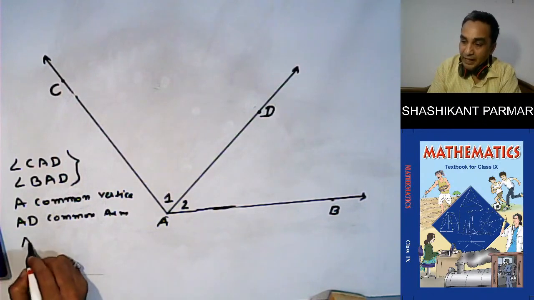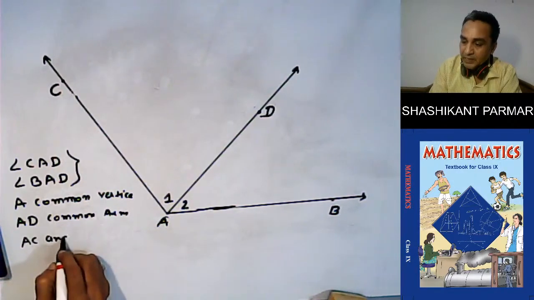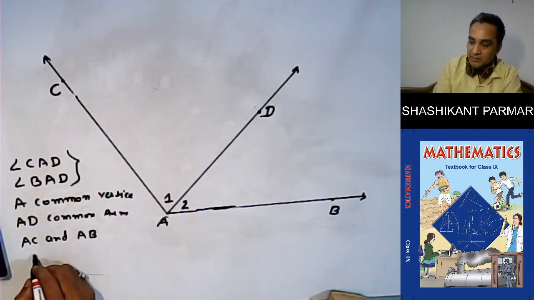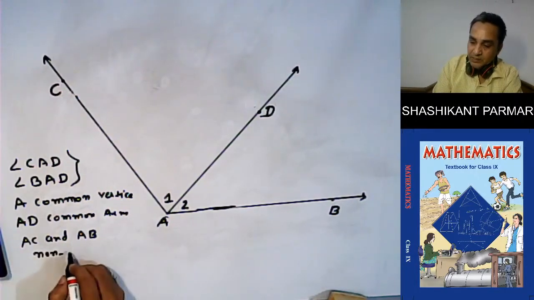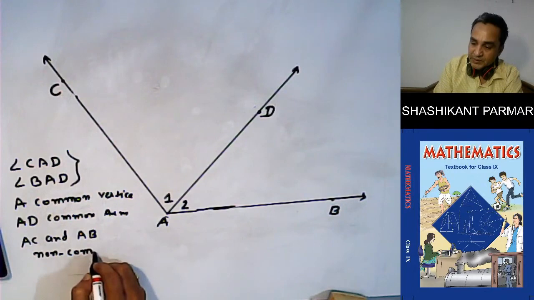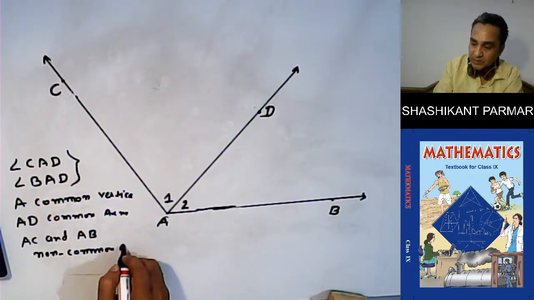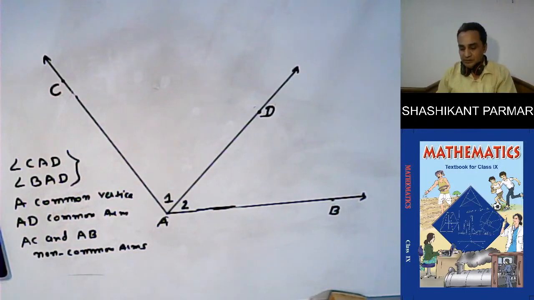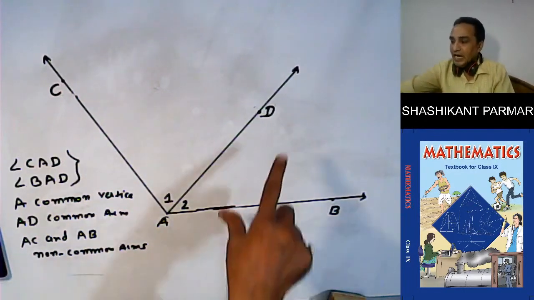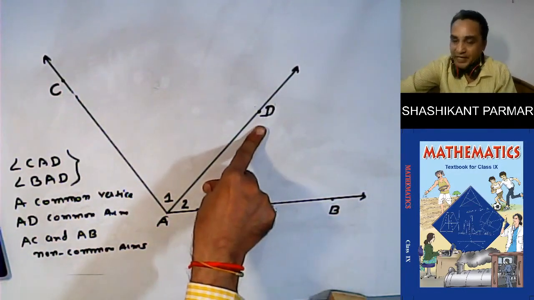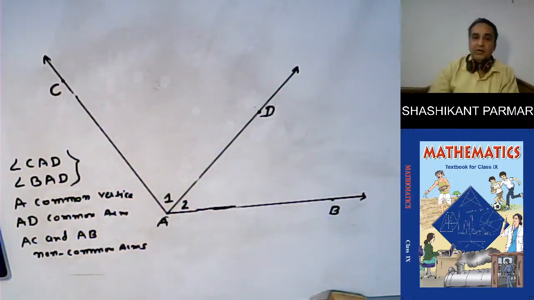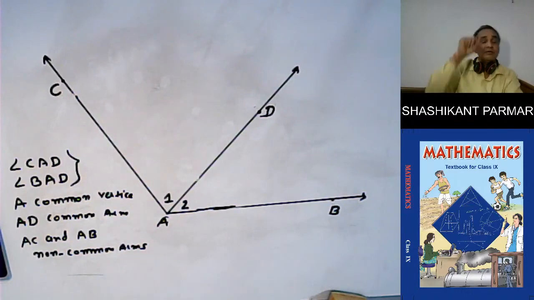AC and AB are the non-common arms, and they are on opposite sides of the common arm AD. So this side and this side. Now I think you understand well.